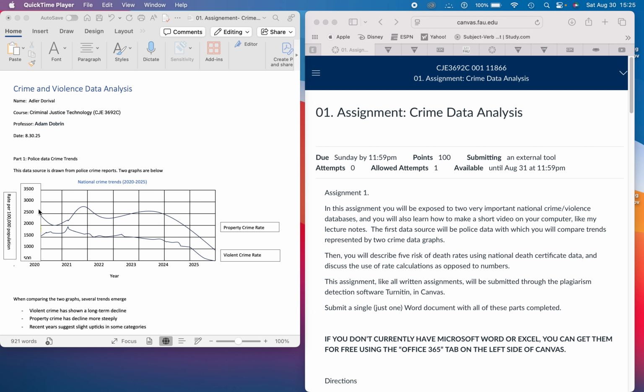As you can see on the left side of the graph, the rates are per 100,000 population, not the whole population of the US. Since we're talking about a national trend, it's going to be the whole US, but it's based on a rate of 100,000 population, or I could say resident people.